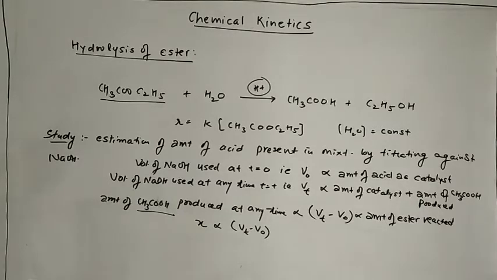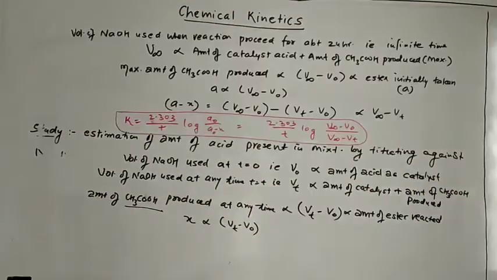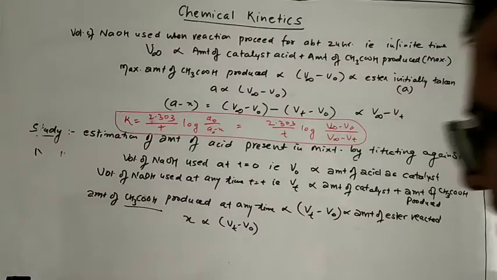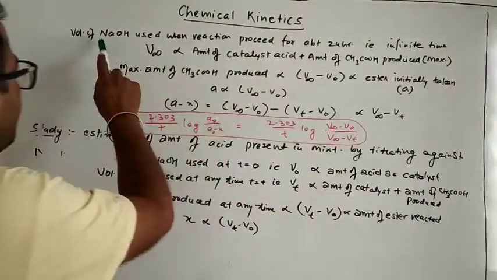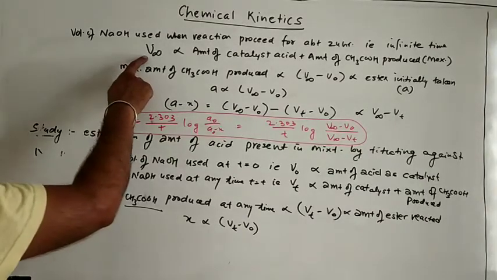Now amount of acid as a catalyst plus maximum amount of acid, टोटल कितना NaOH जो है वो यूज होगा वो हम अब कैलकुलेट करेंगे नेक्स्ट में. So this is now the volume of NaOH used when reaction proceeds for about 24 hours or infinite time, that is V infinity.